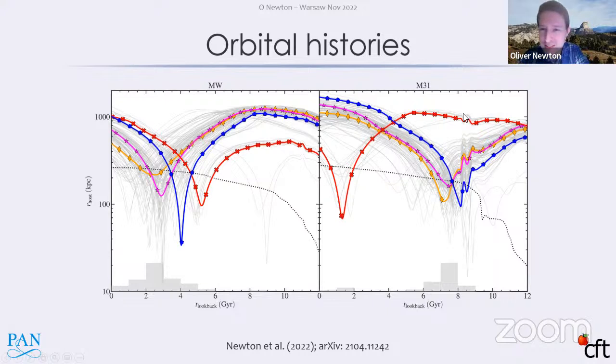And I should mention this funny artifact here. It's a nice example of some of the foibles of working with these simulations. When we try to identify these halos and their main progenitors in the simulations, sometimes when you have a lot of halos clustered together, you can end up misidentifying which one is the main progenitor of a given halo at a previous time step or previous snapshot. Basically this has happened for M31 here.